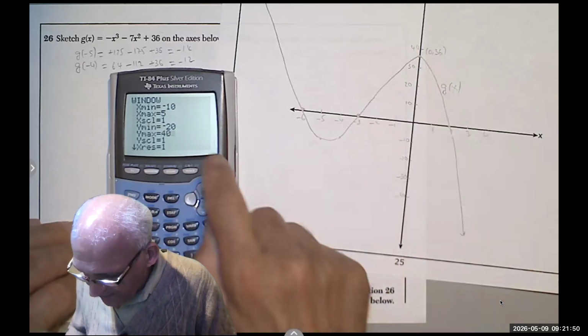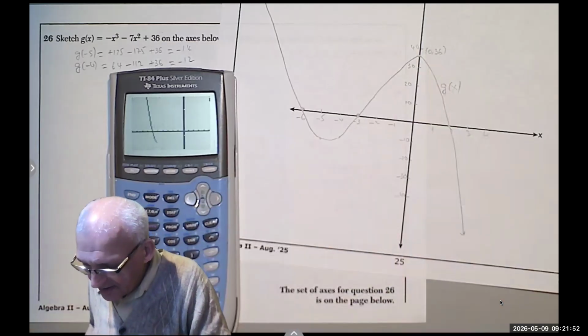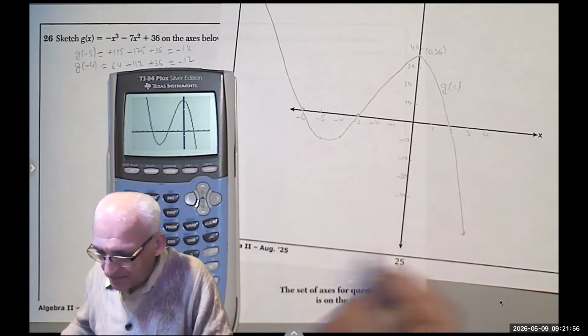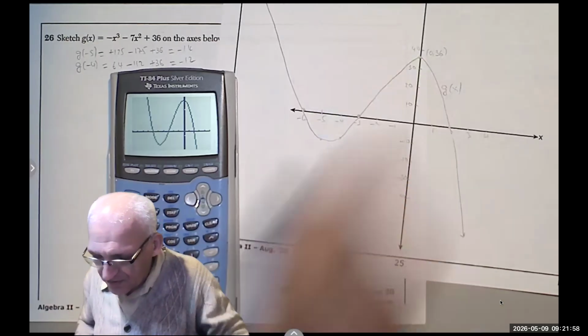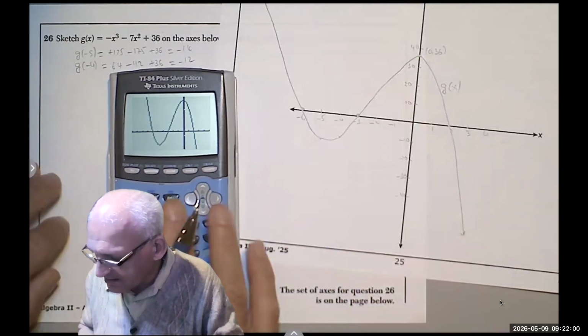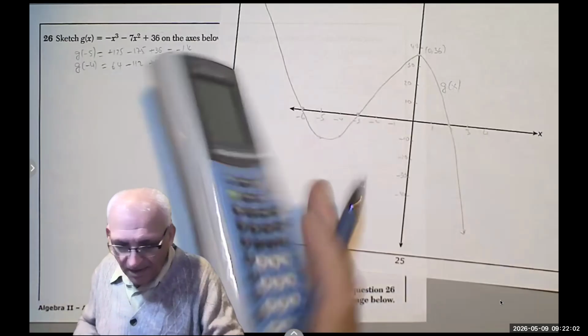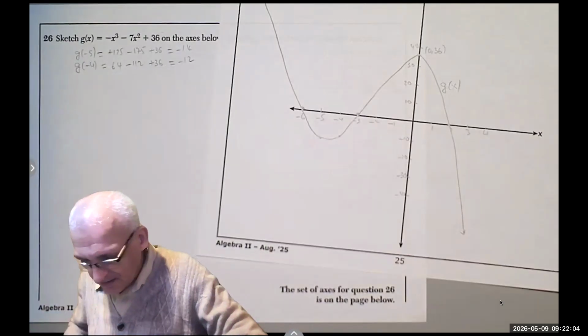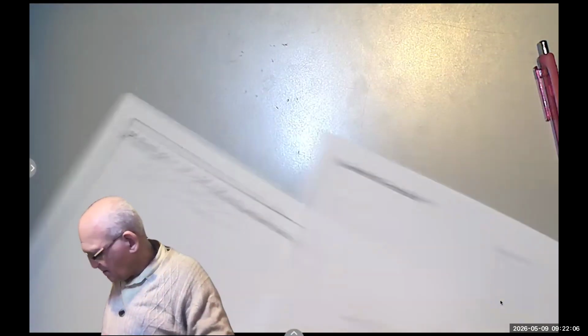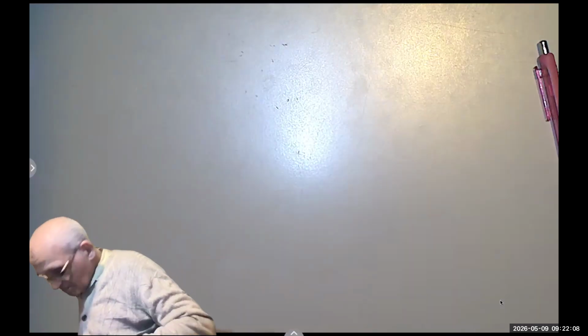I want to go above that and see how it looks like. And sure enough, it looks very similar. Of course, this is more acute and going up faster, this going down. Okay, so basically, that's number 26. Sorry, it took a long time.